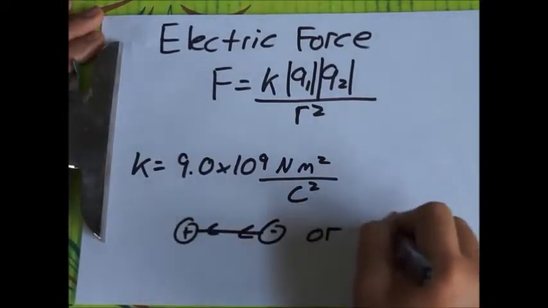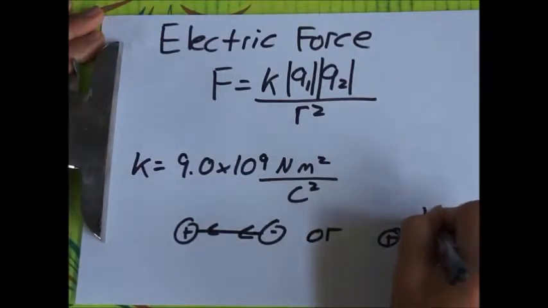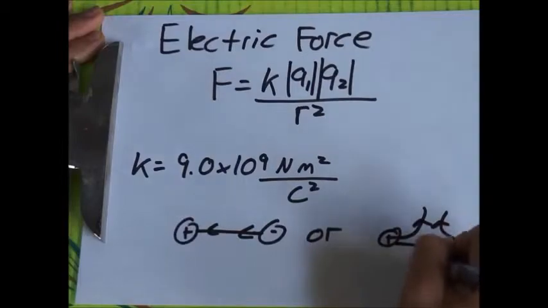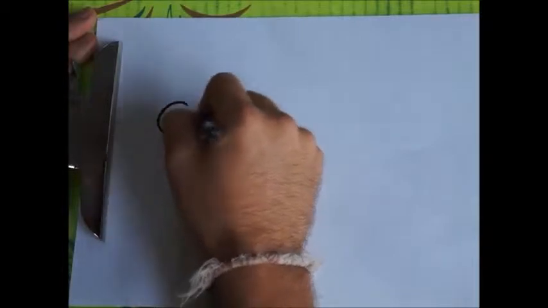Now that we know how to use Coulomb's law to find the force between two charged particles, let's deepen our analysis to see if we can uncover some information about a single point charge's electrical field. Imagine that I have a point charge with a positive charge of 1 coulomb.